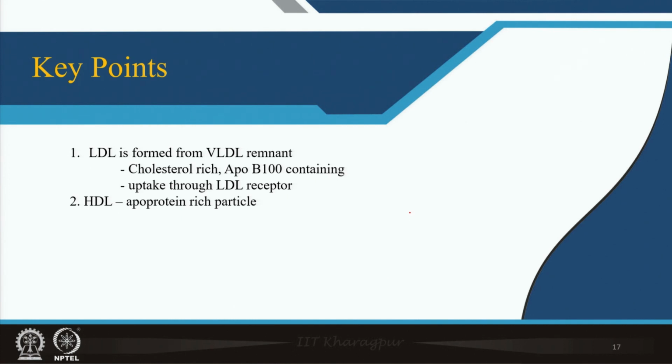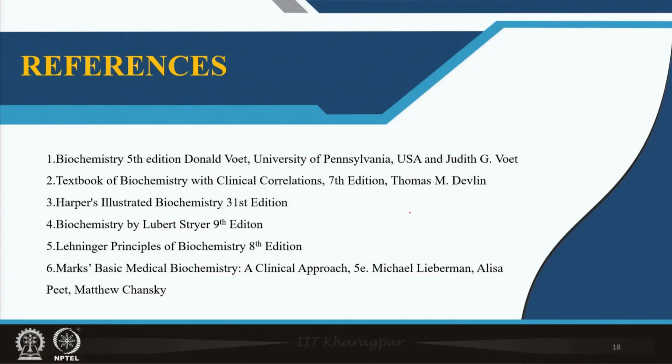This HDL molecule is an apoprotein rich particle which continuously takes cholesterol from the peripheral tissue, and it is important for exchange of triacylglycerol and cholesterol with other lipoprotein molecules, and also HDL acts as the reservoir of different apoproteins. So, these are my references.